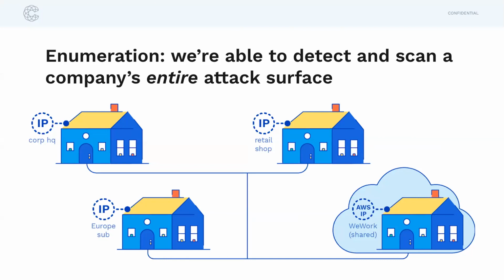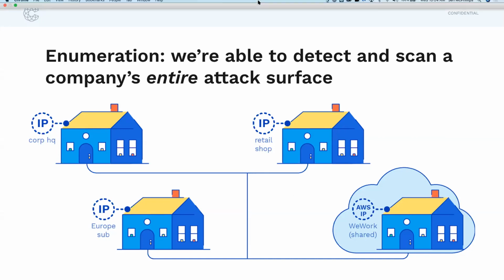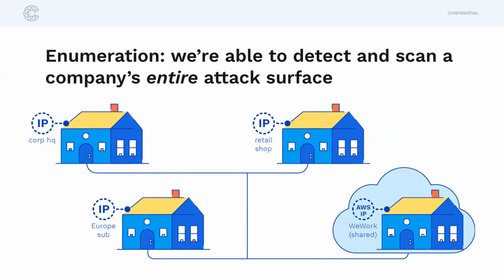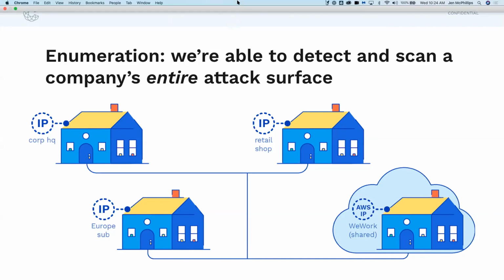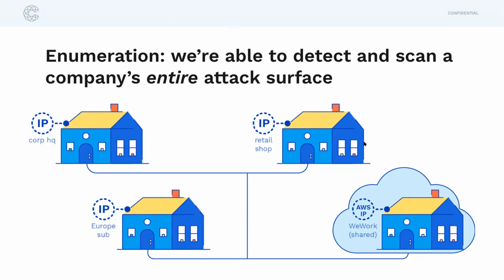When you put applications in one of those cloud service providers, those aren't your IP addresses or your domains. But as part of our risk and our technology, when we enumerate an organization, we're still able to identify these third-party cloud organizations as, quote unquote, your address space. So we scan those and understand whether you have any vulnerabilities potentially exposed on the applications you're also running in that shared space.